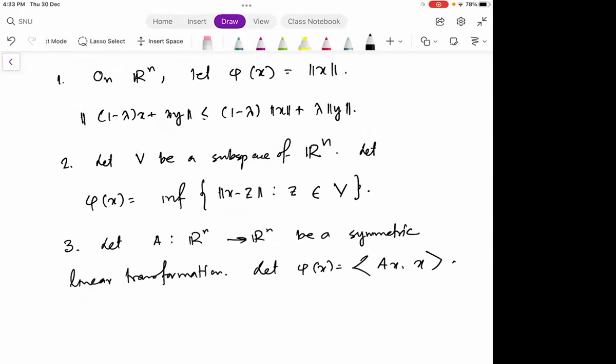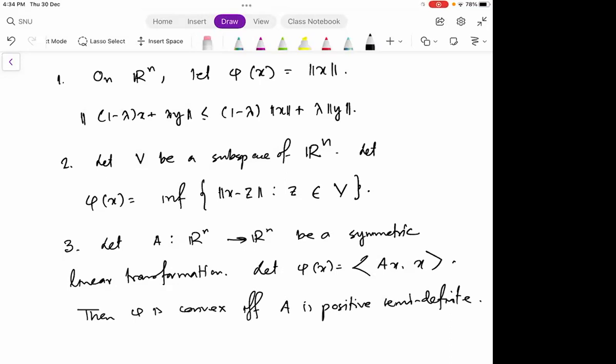Then, so I've taken a symmetric A, phi is convex if and only if A is positive semi-definite. I'll tell you one way of how to do it. You think about the other way. If A is positive semi-definite, you already know that A is symmetric, by the way.